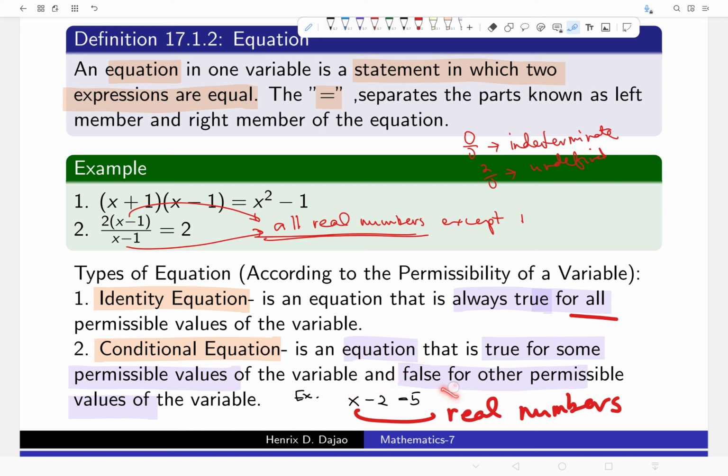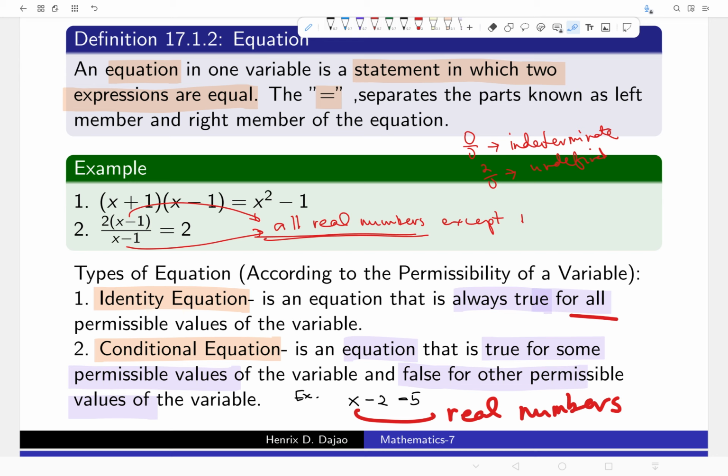So the only number that will make this equation true is 7, not all real numbers. So it is true for some permissible values, in this case 7, and false for other permissible values, in this case all real numbers except 7. Which means that x minus 2 equals 5 is a conditional equation.